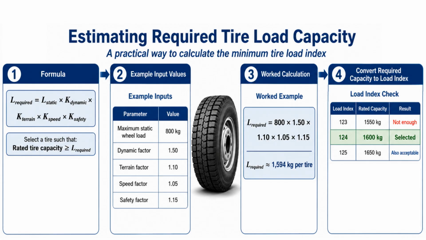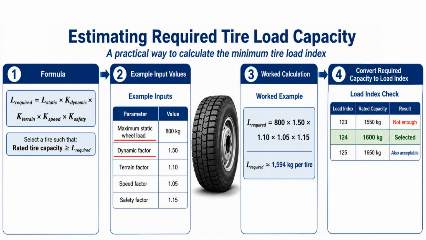This image explains a practical method to estimate the required tyre load capacity and then identify the minimum suitable load index. We begin with the maximum static load on the most heavily loaded wheel. This value is multiplied by correction factors for dynamic loading, terrain severity, operating speed, and the required safety margin. In this example, the static wheel load is 800 kilograms.